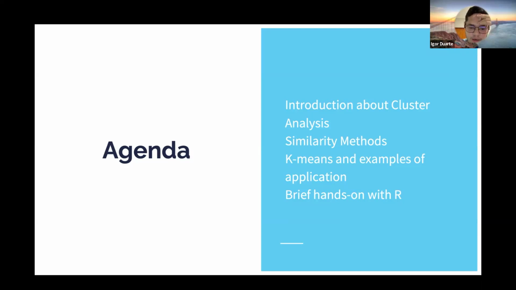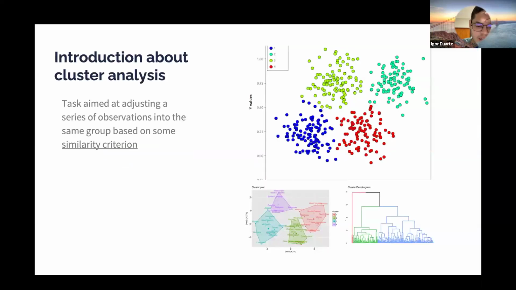About cluster, one definition that makes sense to me is that cluster analysis is a task aimed at grouping a series of observations into the same group based on some similarity criterion.